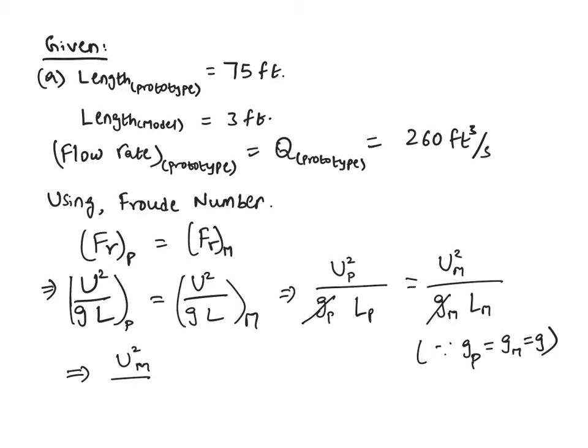It should be U squared M by U squared P is equal to LM upon LP, which implies UM upon UP would be equal to LM upon LP, whole square root.